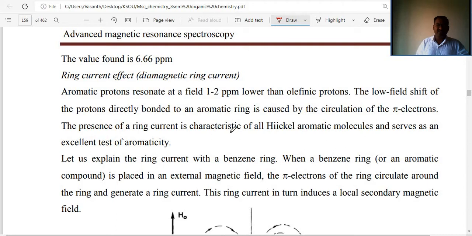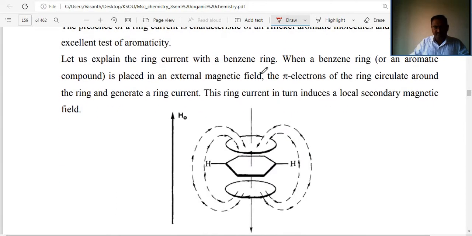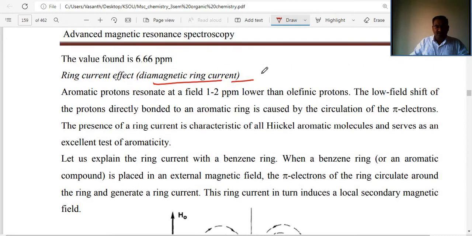The ring current effect, or diamagnetic ring current. The aromatic protons resonate at a field 1 to 2 ppm lower than olefinic protons.